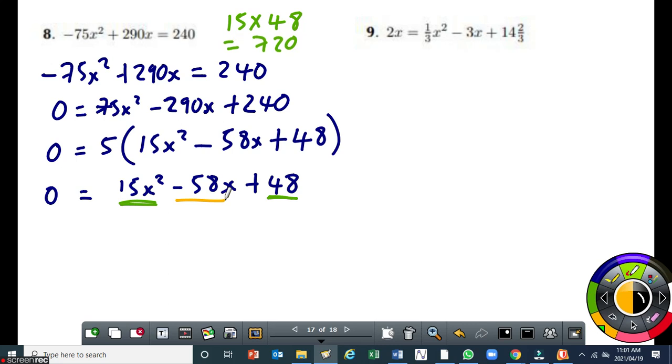We need to find two factors of 720 such that they add up to minus 58. One might be positive, the other one might be negative, or both might be negative. Right? So which two factors of 720 add up to minus 58?